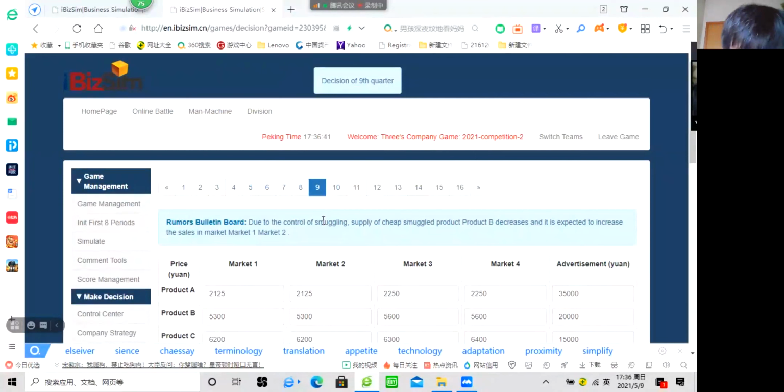But in quarter 9, 10, 11, 12, 13, 14, 15, 16, we go through a market economy. That means in quarter 9, we are not going like the previous planning economy. We should do things according to market requirements.